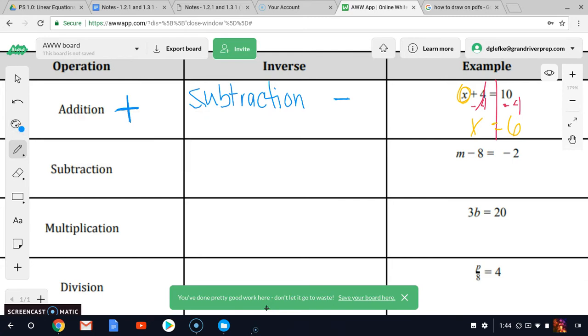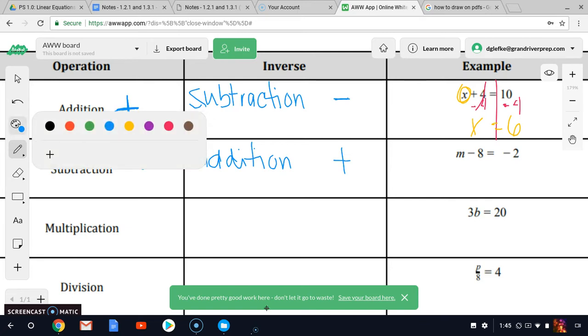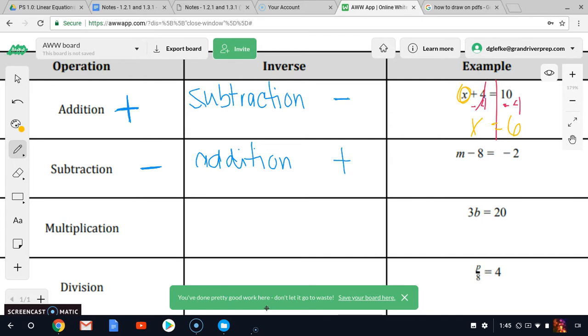Our next one is subtraction. Very similar to the addition one. The inverse of subtraction is addition. They undo each other. So in our equation, we have m minus 8 equals negative 2. Again, our variable is right here, so we want to move that minus 8. Because we're subtracting it from our variable, the inverse is to add 8 to both sides.